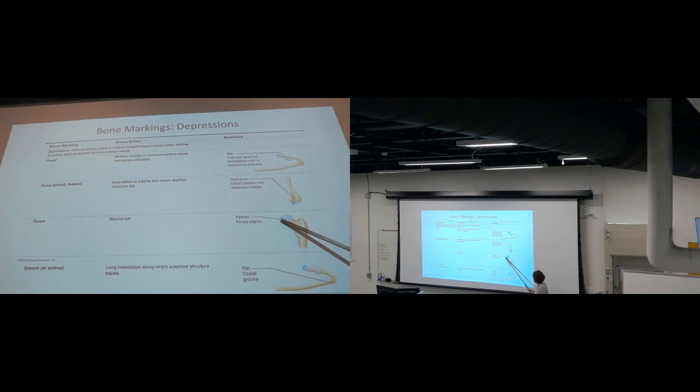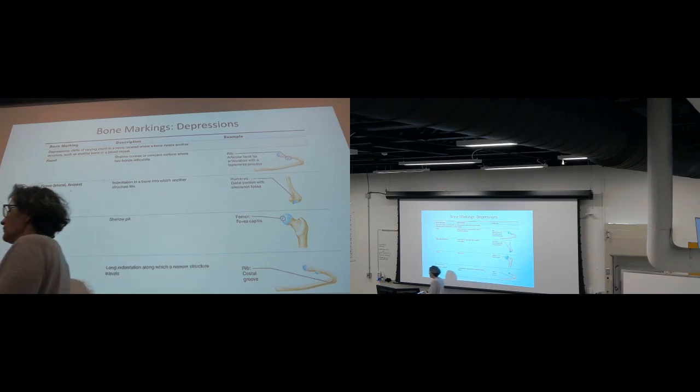And in the middle of the head of the femur, we have a shallow pit that we call the fovea capitis. Capitis means head. So it's a shallow pit in the head. A ligament called the round ligament fits into the fovea capitis, and that holds the head of the femur into the coxal bone.